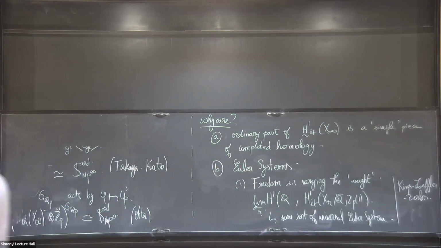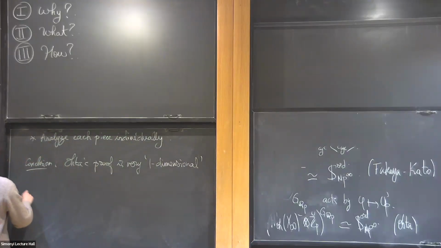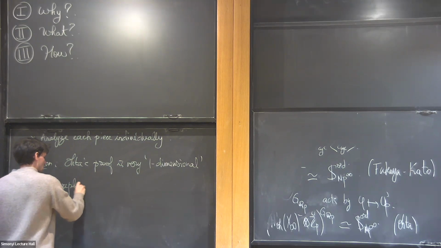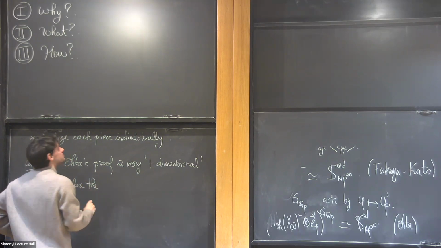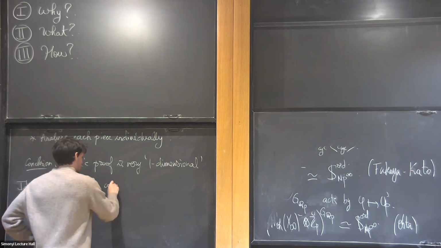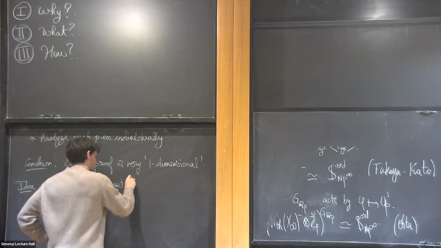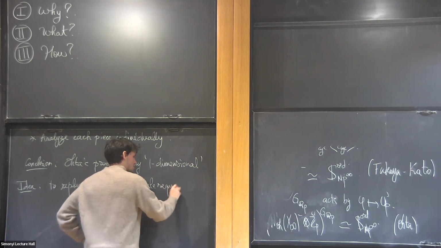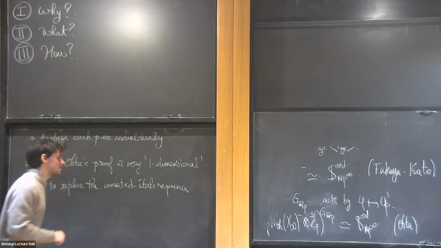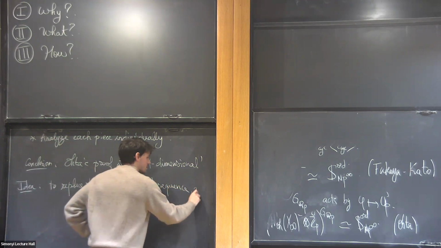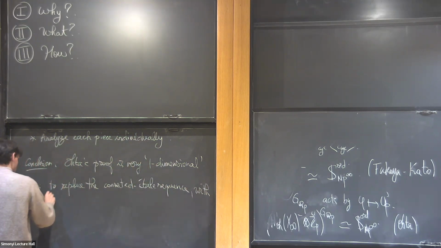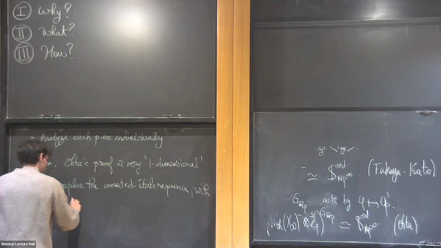Okay, so the general idea of this talk will be to replace the connected etale sequence on the Jacobian with something that always exists, with, say, the Hodge-Tate decomposition.